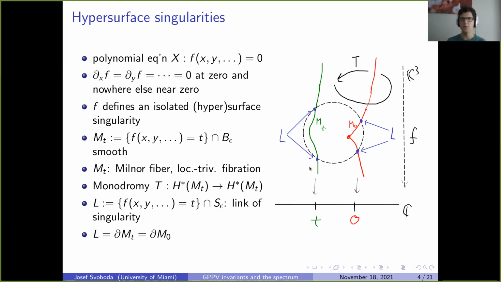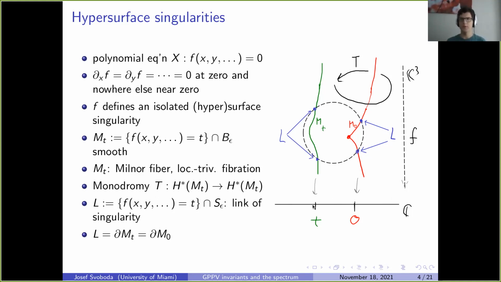And if you want to get easier things to work with, you consider just the cohomology of each of these fibers. So this is now a fibration of vector spaces. And if you go around by a loop around 0, you will get a monodromy of this fibration. So this fibration is locally trivial, but of course there can be some non-trivial monodromy operations.